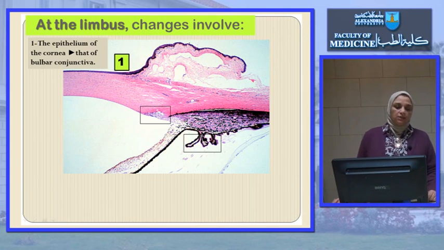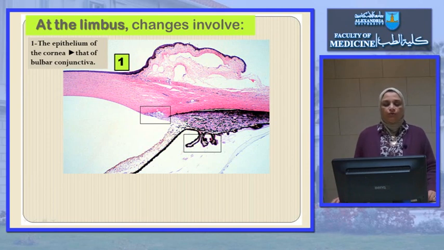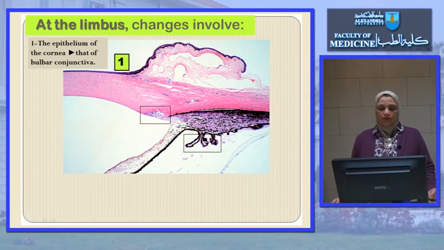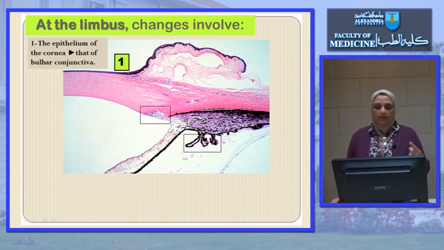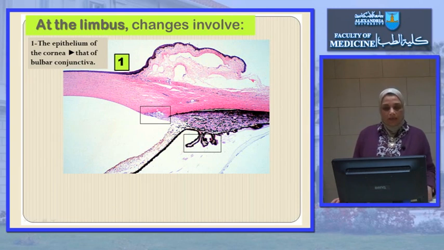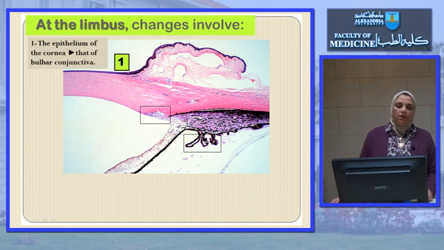The cornea is exposed directly to the outside, while the sclera is covered with conjunctiva in front of your eye. We call it bulbar conjunctiva. While the conjunctiva lining the upper and lower eyelids is called palpebral conjunctiva.